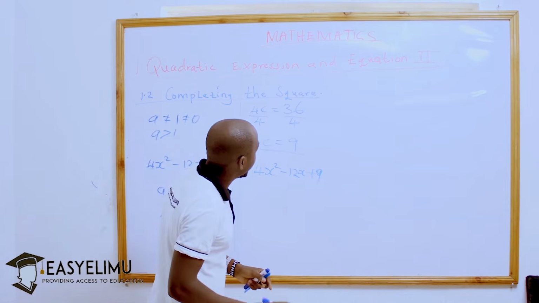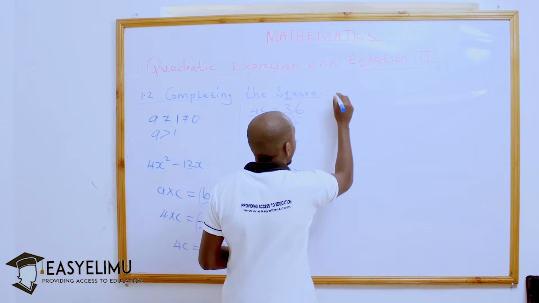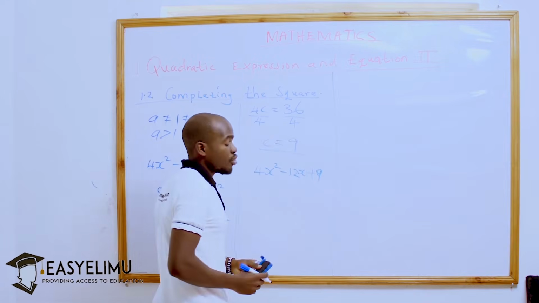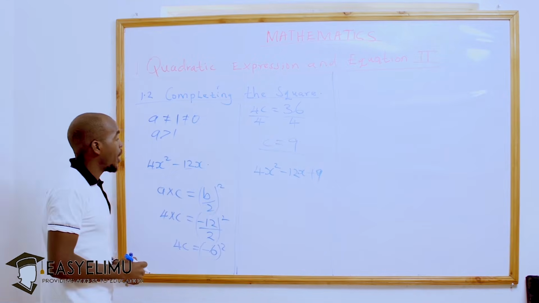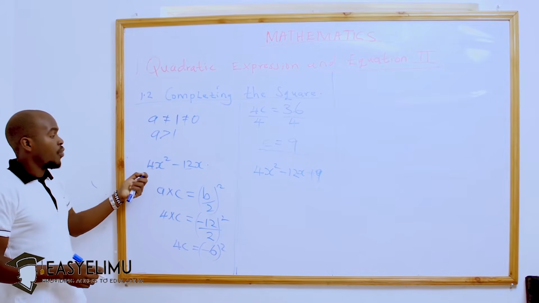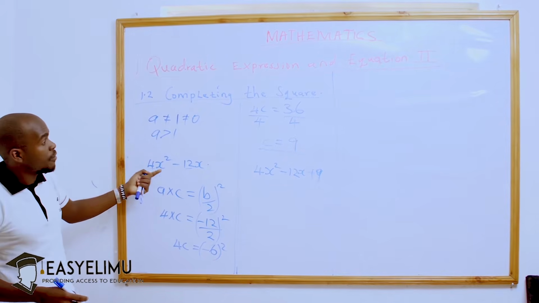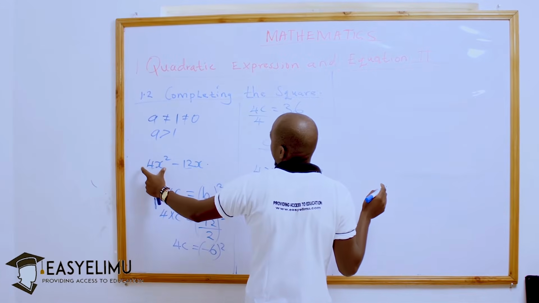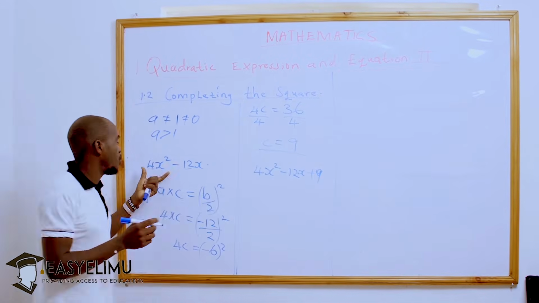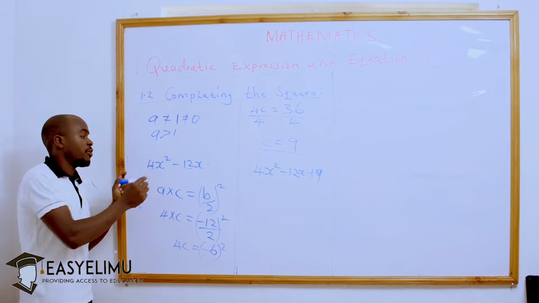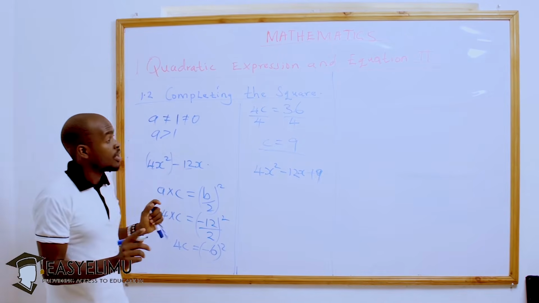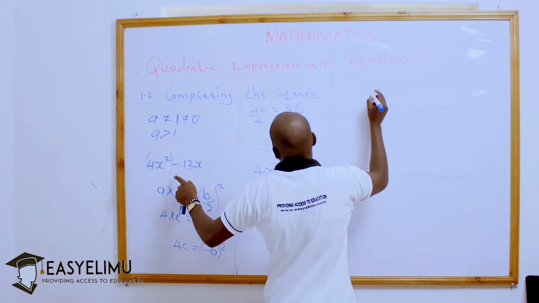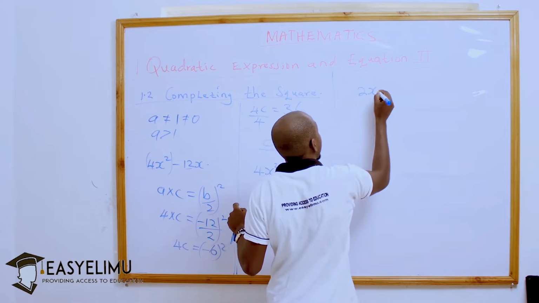We can use an alternative method, which will depend on you which one is best for you, whereby we shall now say we need to find the value of c. First you find the square root of this side first. So we shall just find that square root, and you will find it is 2x.